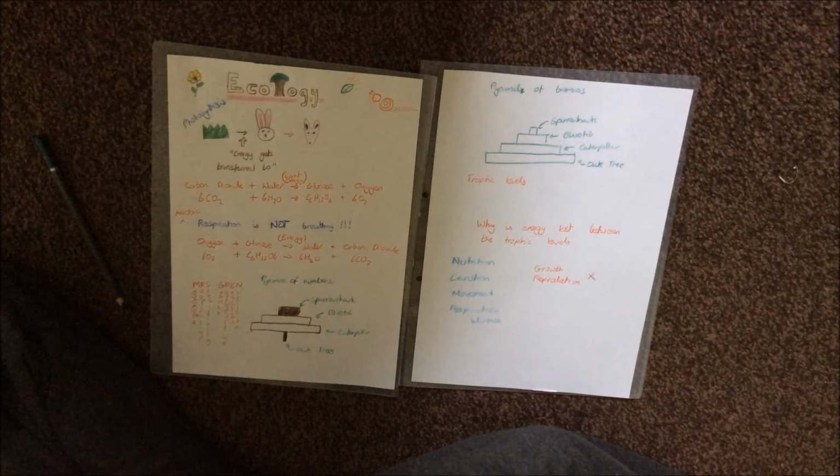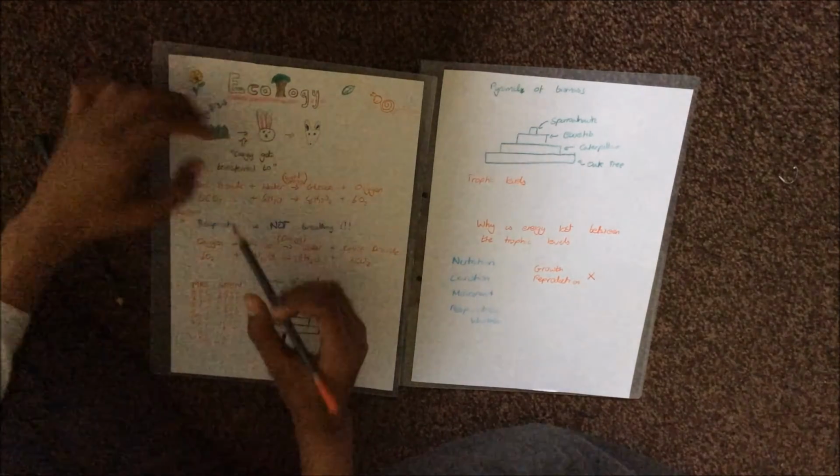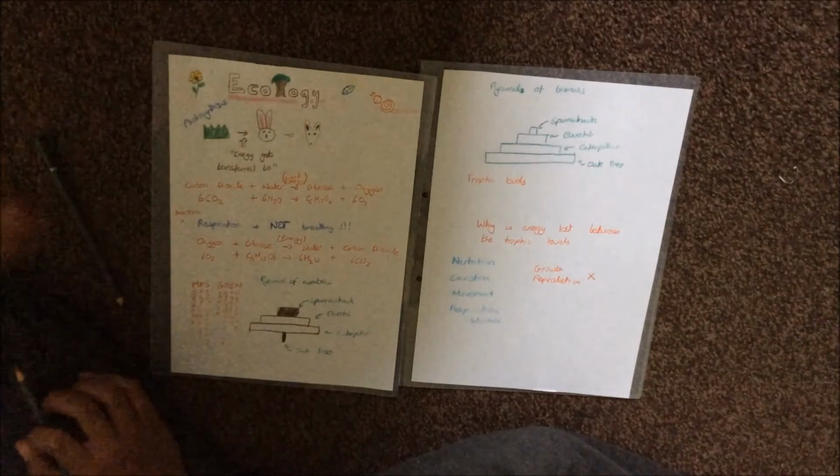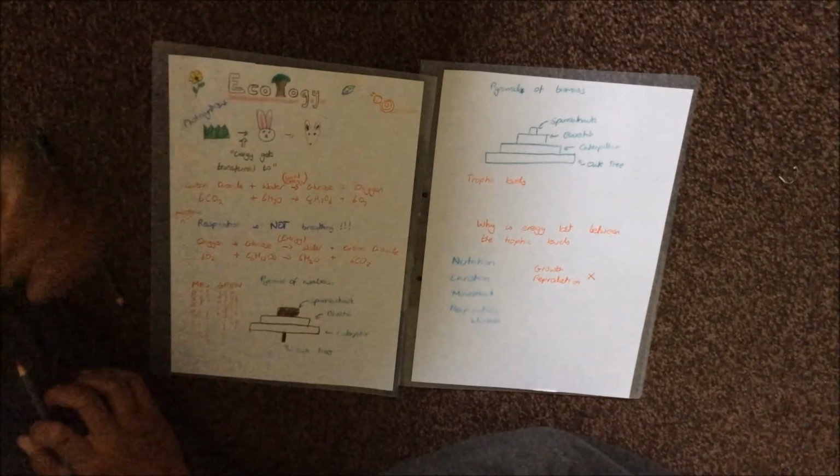As well as this, there is the reason that any one species will not completely eat any other species, because if this fox eats the entire rabbit race in this ecology, then this fox will die.